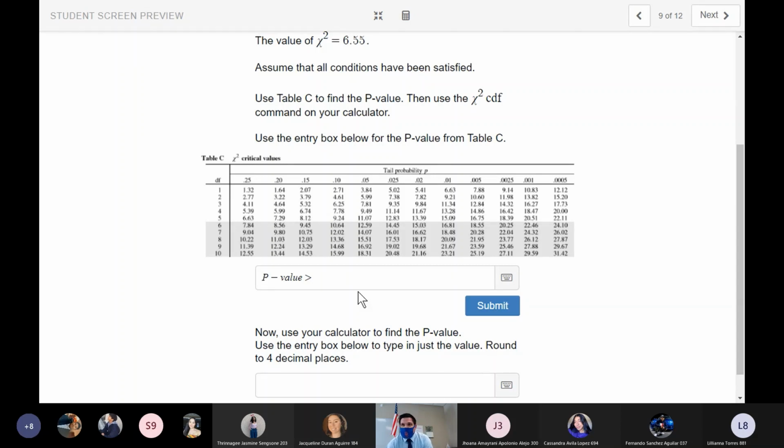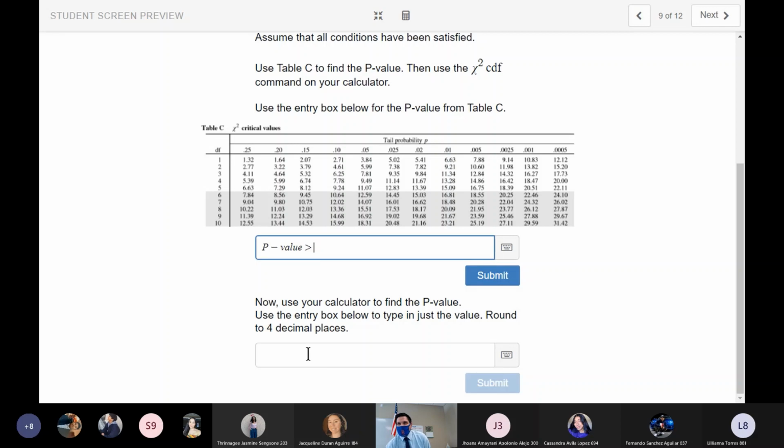Or I can drop a link in here, I probably will too. Please note, our p-value from table C is only going to be greater than a certain value. It's not going to be less than something. That was done purposefully, and I'll get into why shortly. Then you'll put your exact value from the chi-squared CDF function or the chi-squared test on your calculator.